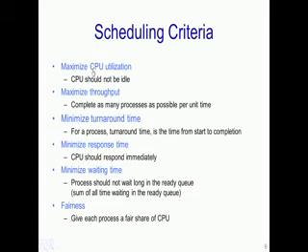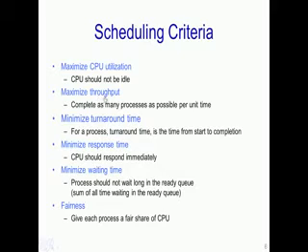The first scheduling criterion is CPU utilization. The scheduling algorithm should be designed in such a way as to maximize CPU utilization. In other words, the CPU should be idle for as little time as possible. The next criterion is throughput.